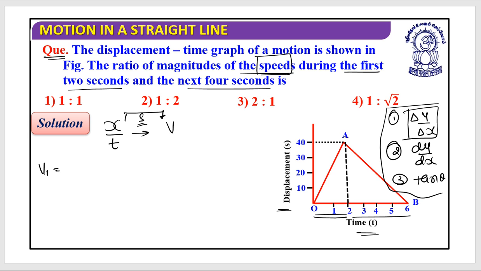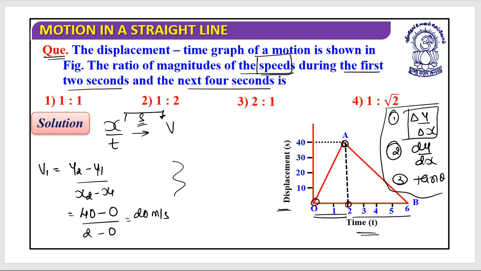It's y2 minus y1 divided by x2 minus x1. So y2, let's say this is 40, minus y1, which is 0, divided by x2, which is 2, minus 0. So this is 20 meters per second. Half of the task has been done.